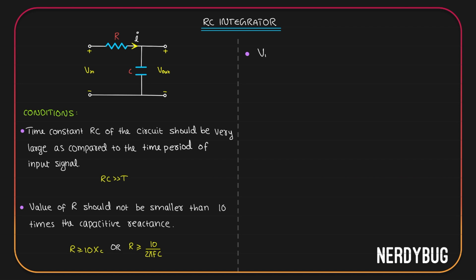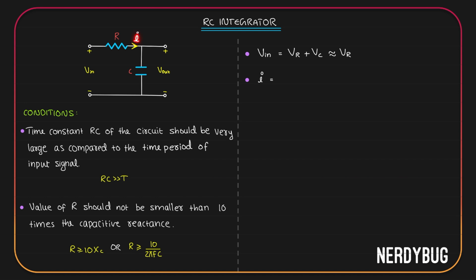Using KVL, we can write input voltage is equal to voltage drop across the resistor plus that across the capacitor. But here, most of the voltage drop is across the resistor, so this is approximately equal to VR itself. Now, I want the current through the circuit.